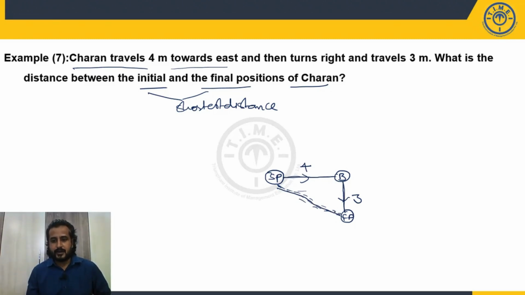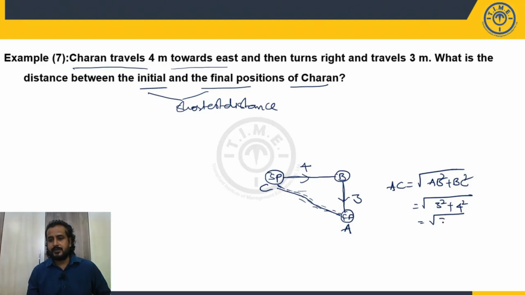Now let's say it is a point A and this is point C. I need to identify the AC distance. So AC is equal to, applying the Pythagoras theorem, the square root of AB square plus BC square. AB distance is 3, so 3 square plus BC distance is 4, so 4 square. 9 plus 16 is 25.